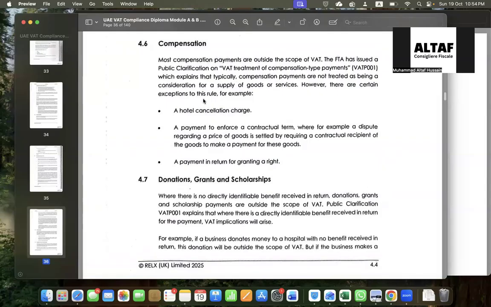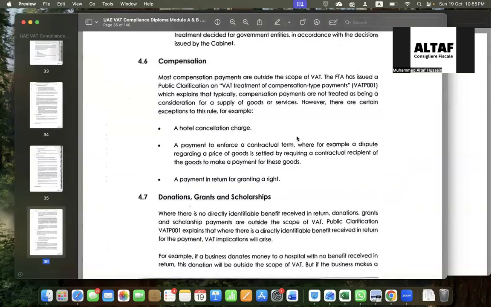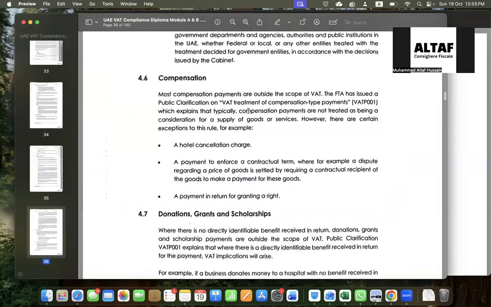However, there are certain exceptions, for example, a hotel cancellation charge, a payment to enforce a contractual term, where, for example, a dispute regarding a price of goods is settled by requiring a contractual recipient of the goods to make a payment for those goods, or a payment in return for granting a right. So these are the exceptions to the rule. Otherwise, compensation payments are out of the scope of VAT. Only in these cases, VAT may be applicable.